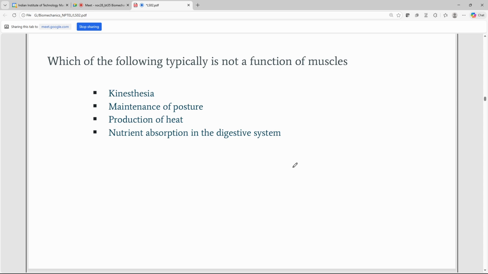Next question. Which of the following is not a function of muscles? Options are kinesthesia, maintenance of posture, production of heat, nutrient absorption in digestive system.